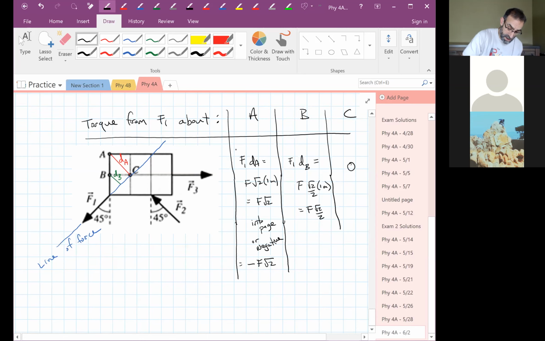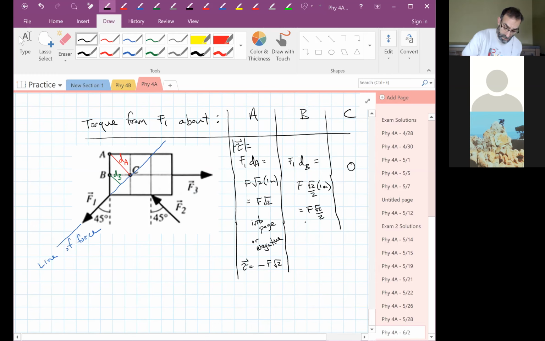I don't have a lot of room here, but I'm going to put magnitude of the torque is equal to, and then down here, I guess I should have a torque vector. Let me see if I can squeeze it in. Torque vector is minus F times the square root of 2.